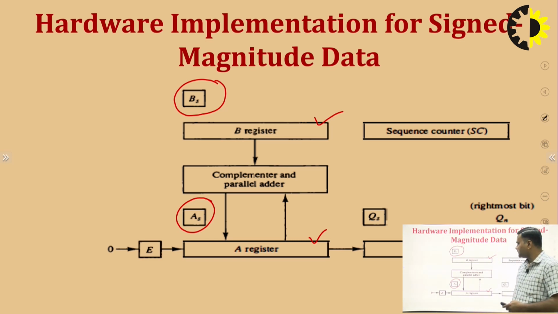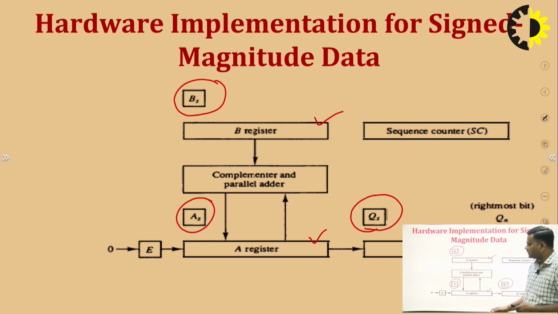And the Q register also has QS, a 1 bit register. These AS, BS and QS store the sign bit of the number. The B register contains the multiplicand part and the Q register contains the multiplier part.